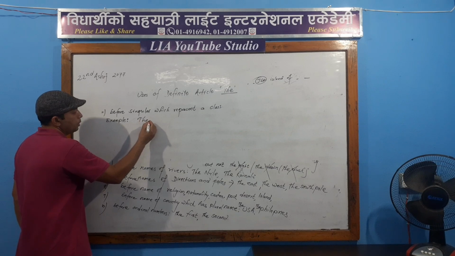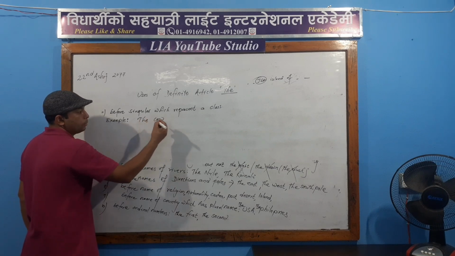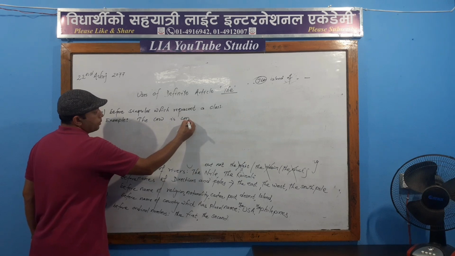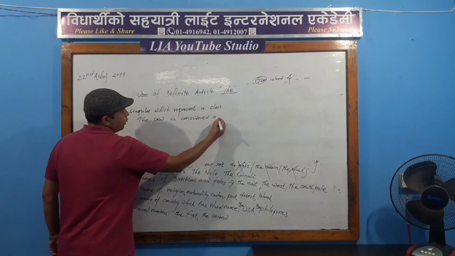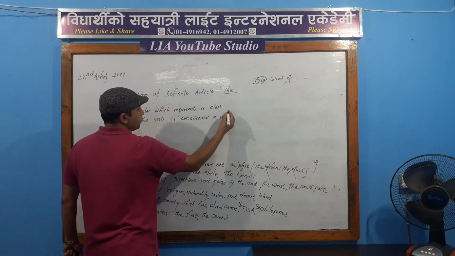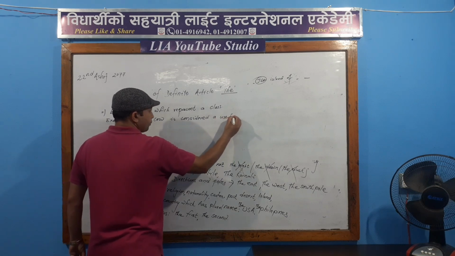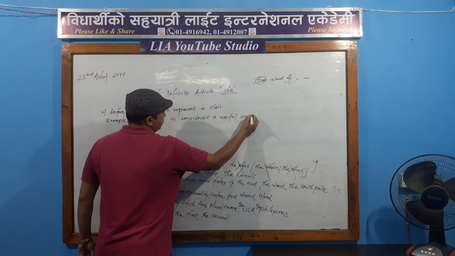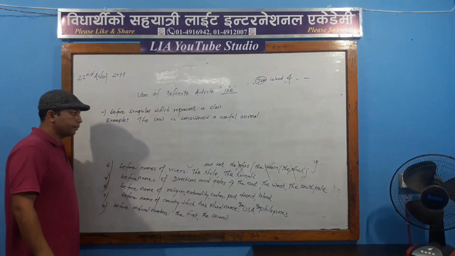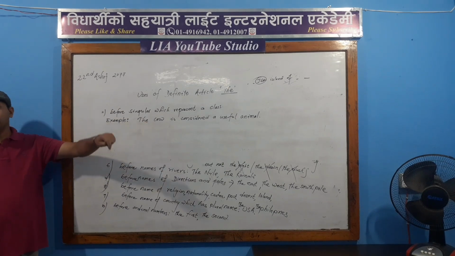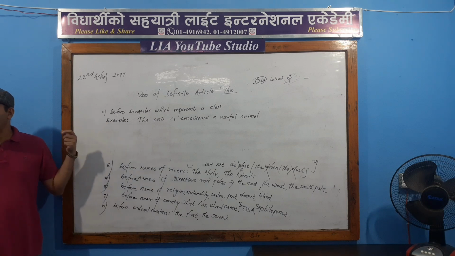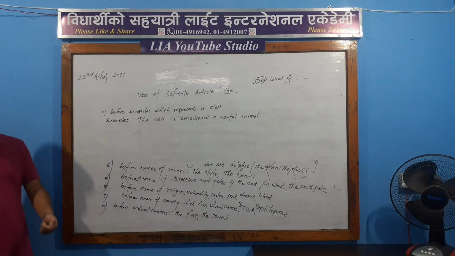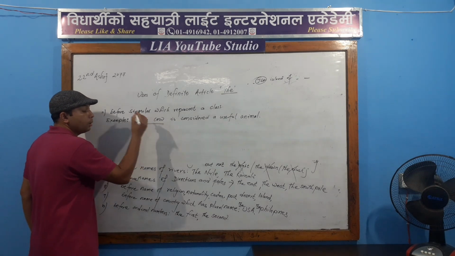Let's write the cow is considered a useful animal. किन अ काउ मैले लेखिन भन्दाखेरि एउटा मात्रै काउ चाहिँ युजफुल हुन्छ, अर्को काउ चाहिँ हार्मफुल हुँदैन. काउलाई वर्ल्डकै मानिसले सबै काउलाई चाहिँ युजफुल सोच्छन्.